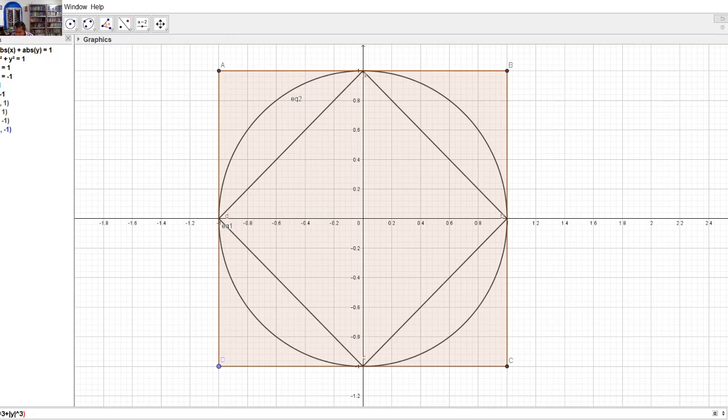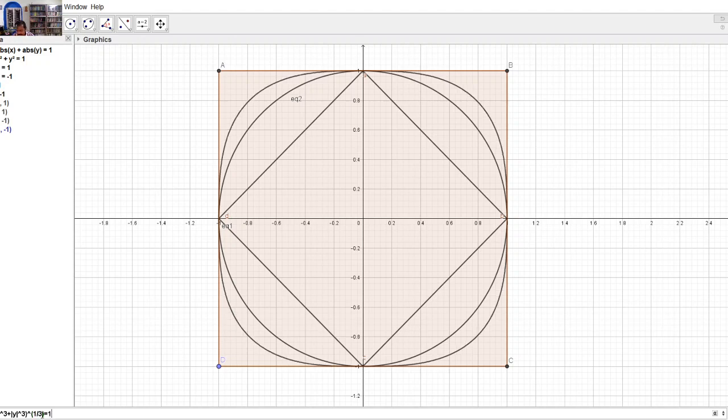So we keep a bracket: modulus of x raised to 3 plus modulus of y raised to 3, all raised to 1 by 3, equal to 1.